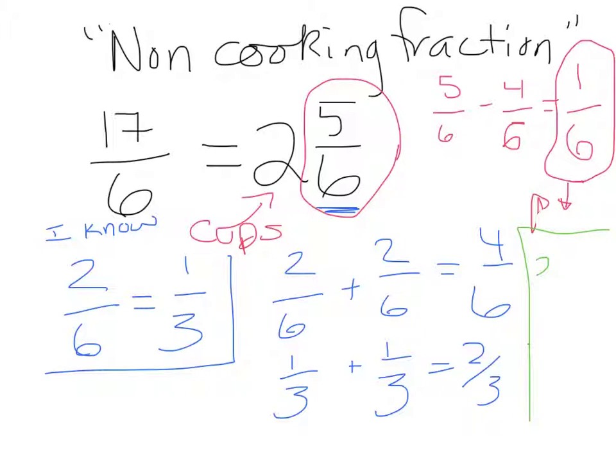If I know that 1 cup is 250 milliliters, and I want 1/6 of that, I'm multiplying them, and I have 250 over 6, and my calculator, 250 divided by 6, shows me 41.6 repeating milliliters.